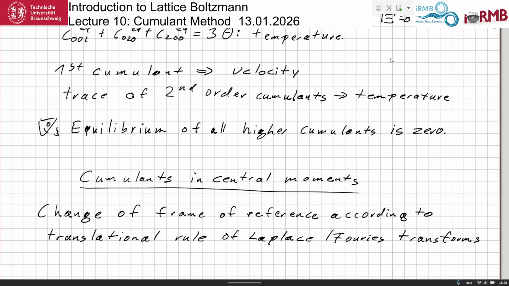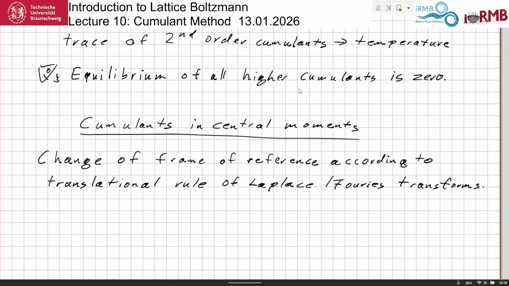So what happens if you change the frame of reference in a Laplace? I'm a little lazy and say that this is from Euler to Lagrange. More accurately, it's from one frame of reference to another frame of reference. Say in the Euler frame we have F, and then we go to another frame. How do we translate this from one frame to the other?